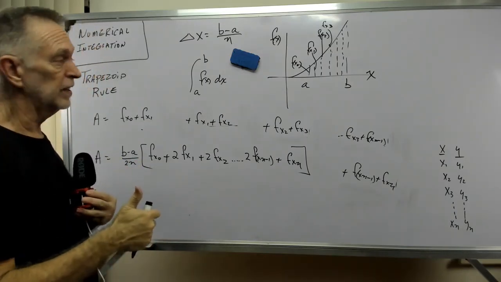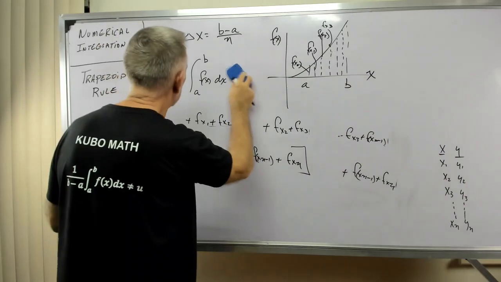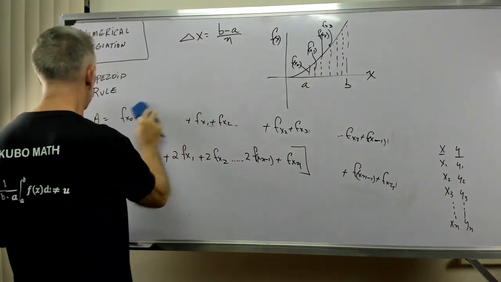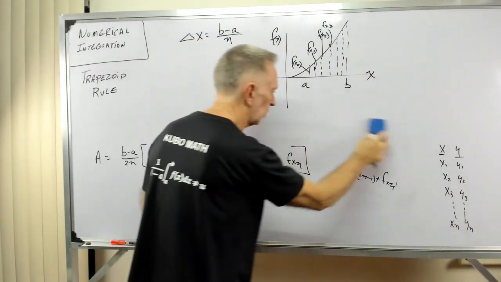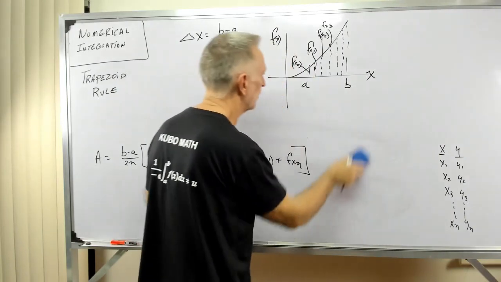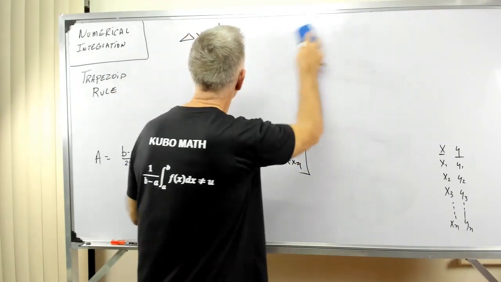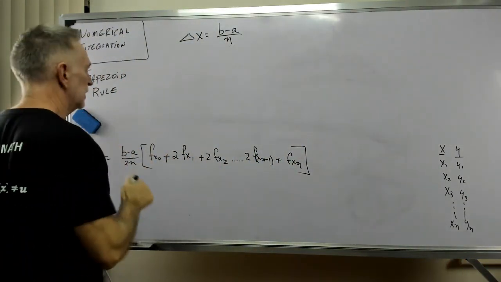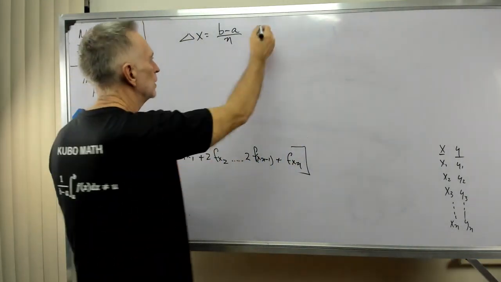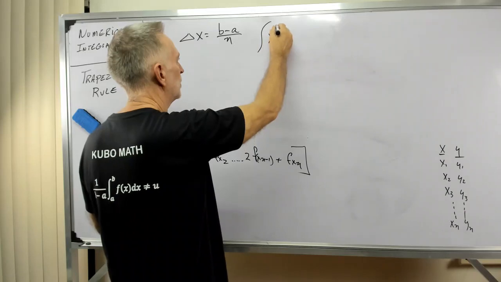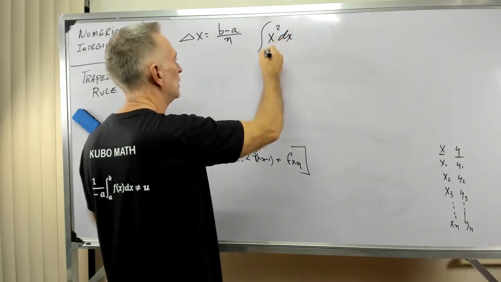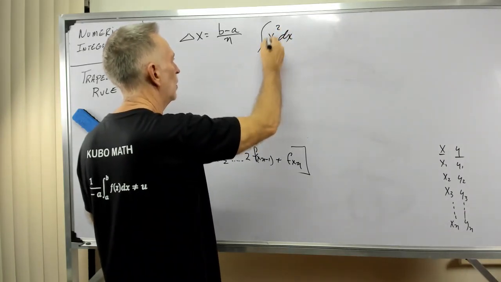Let's challenge that. Let me get us a workspace going here. What if I have a function, let's say the integral, keep it simple, of x squared dx, and we're going to look at that from 1 to 3.